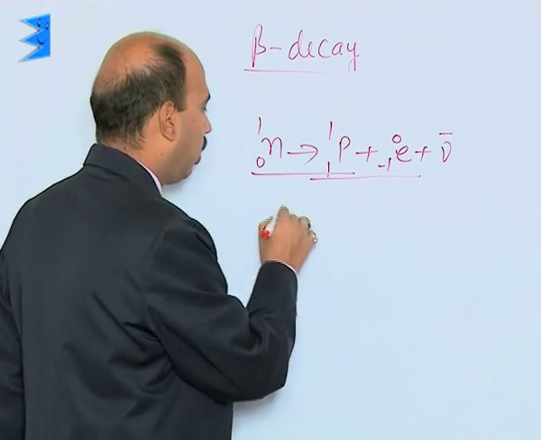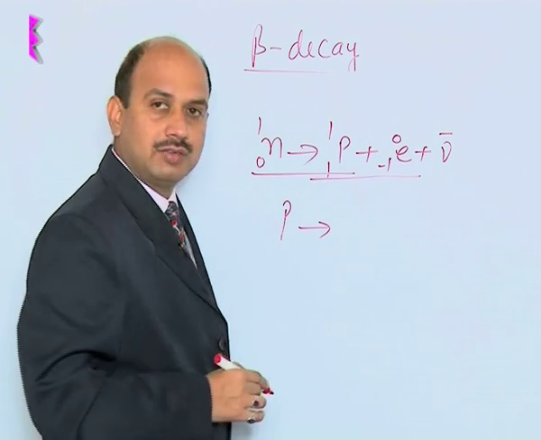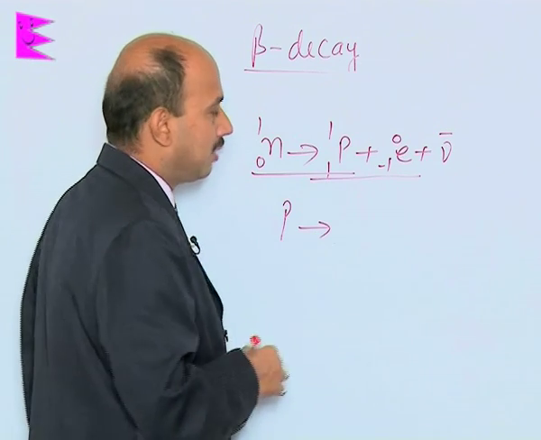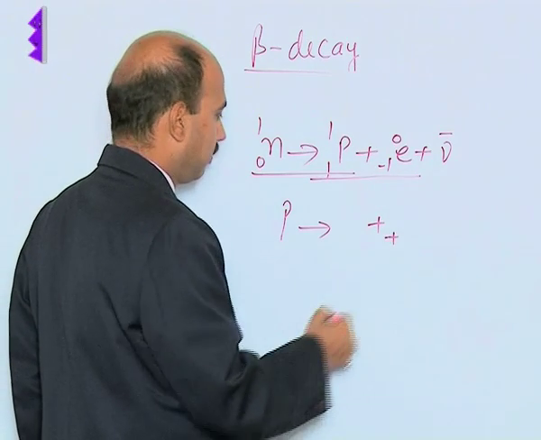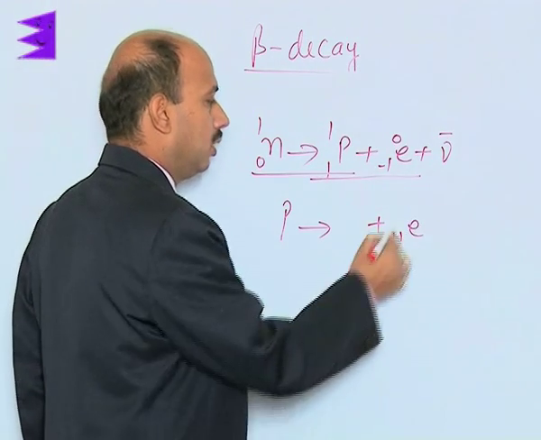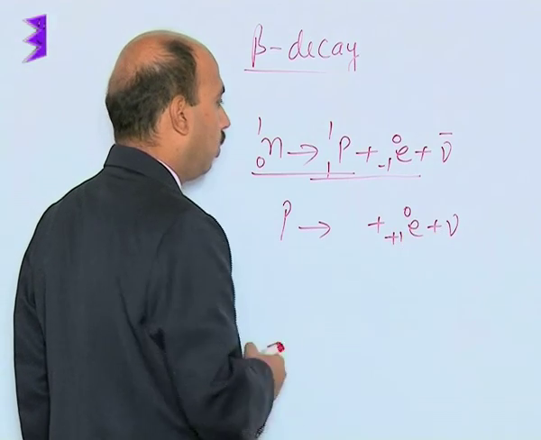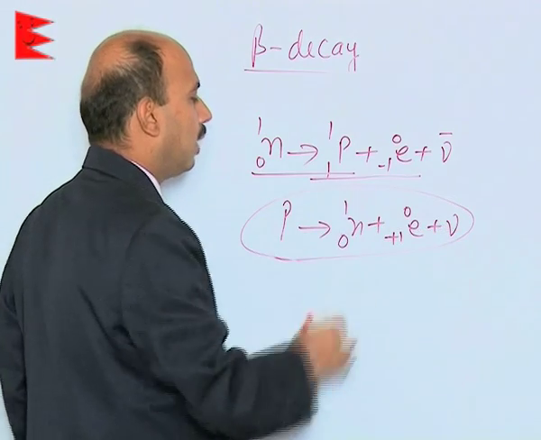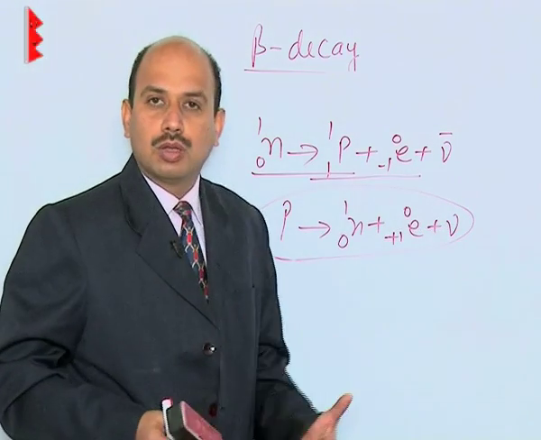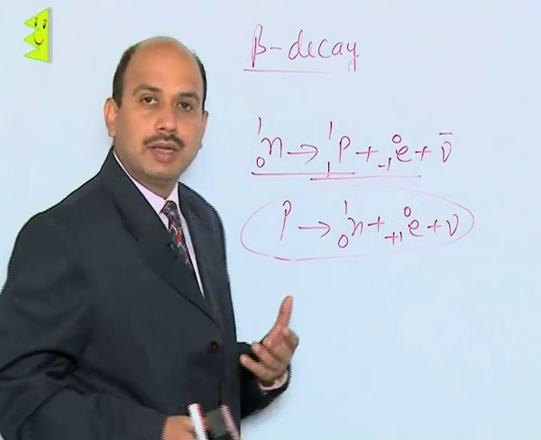If you take a free proton, it can also disintegrate, but it is not easily disintegrable. The reason is its mass is less. So it can come out with +1 E 0 and plus a neutrino, and here it is 0 and 1. So a proton can also disintegrate into a neutron. So this is about the beta decay.